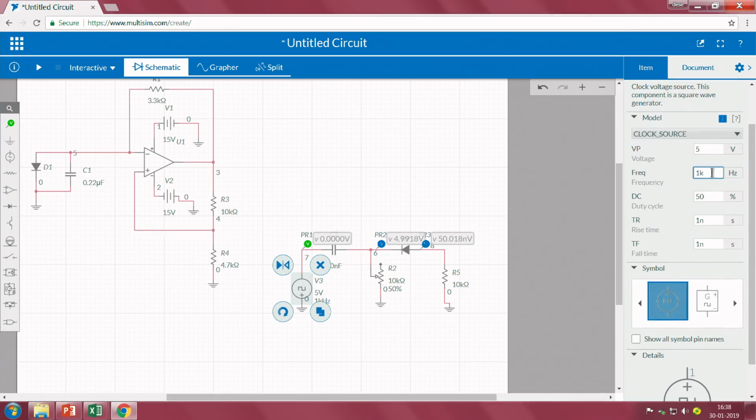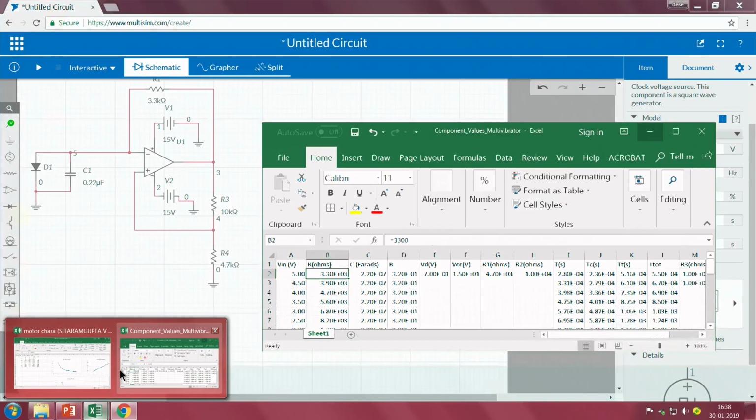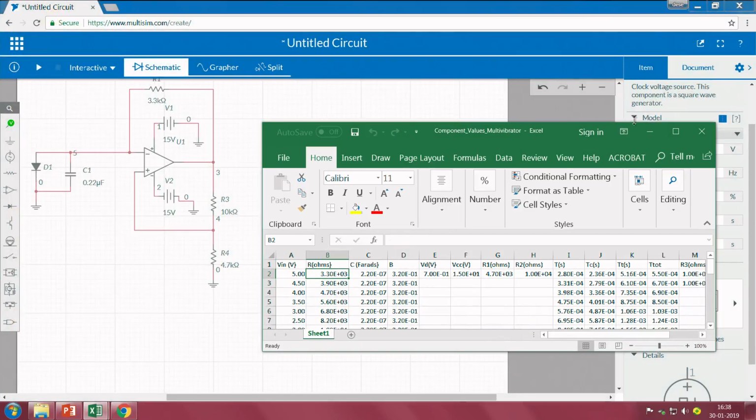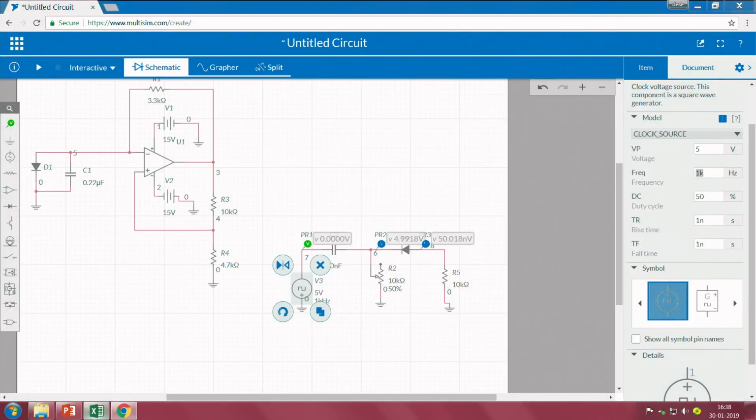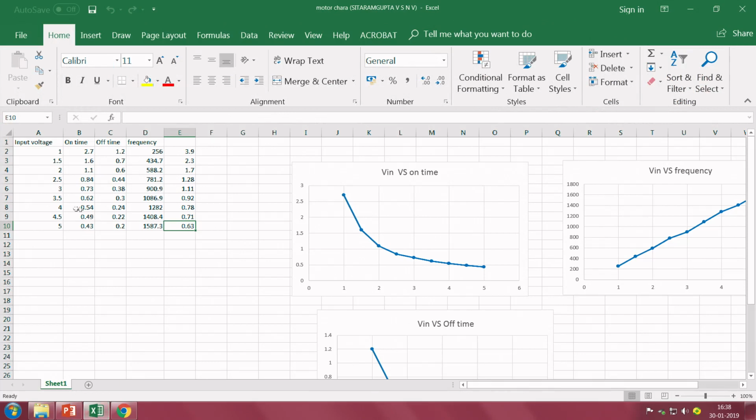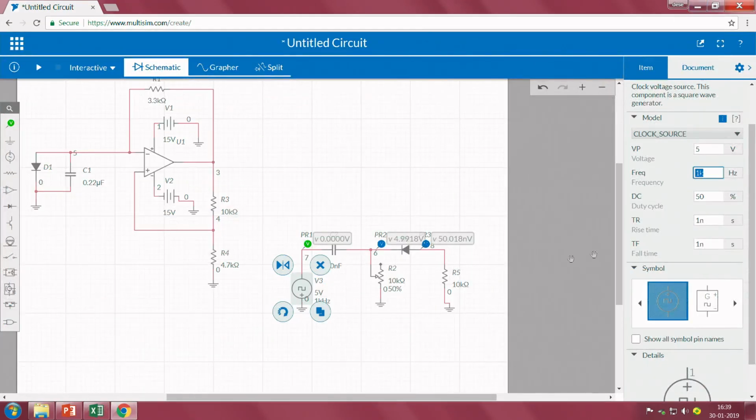Then the frequency, the maximum frequency we got somewhere around 1.5, that we have seen in the Excel, or we can go with whatever values we have recorded. So, if you see at this point 0.43 and 0.2, 1.58. So, I will go with 1.5 K just for an understanding right now, 1.5 K.